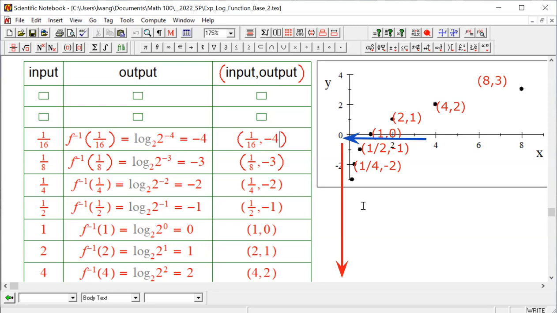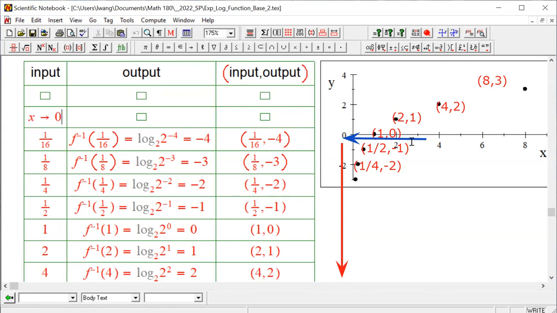So in general, what kind of tendency do we see? We see as input approaching 0, okay, I'm going to erase this. Let me use a different color, please.